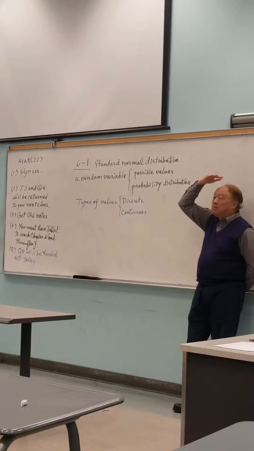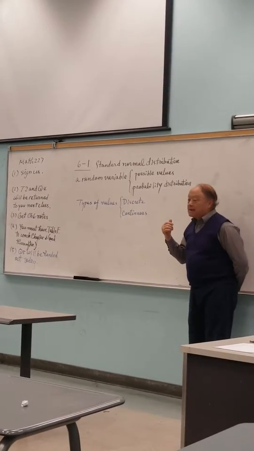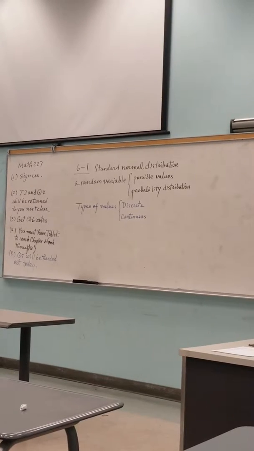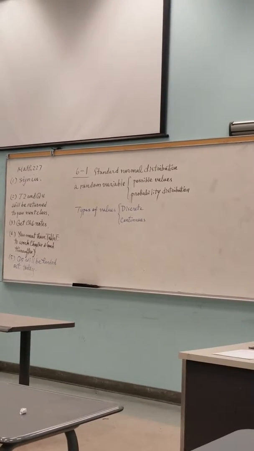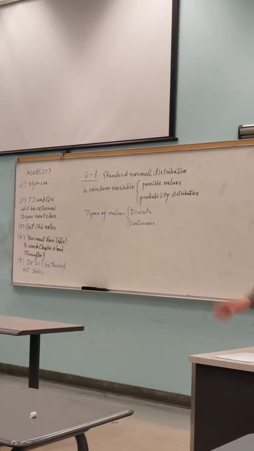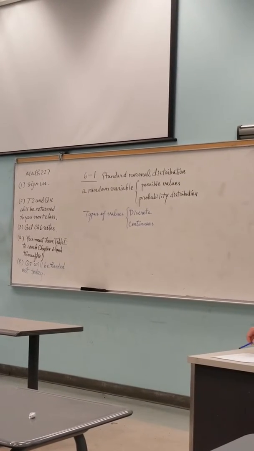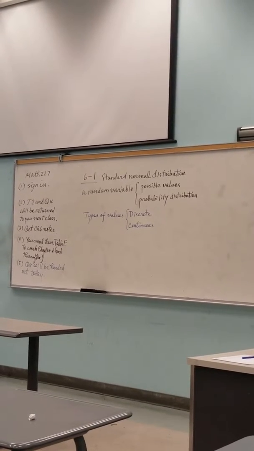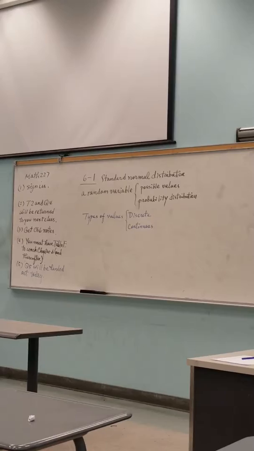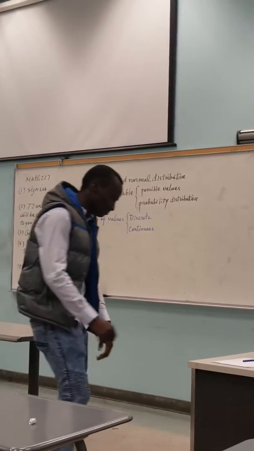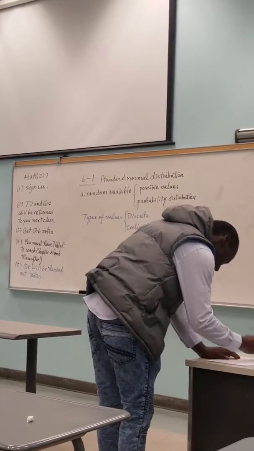Suppose you measure body height, say 65 inches, a possible body height. 66 inches, a possible body height. Any number between 65 and 66 is also a possible body height. No gap. It is called a continuous random variable.